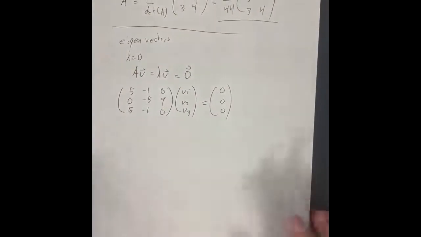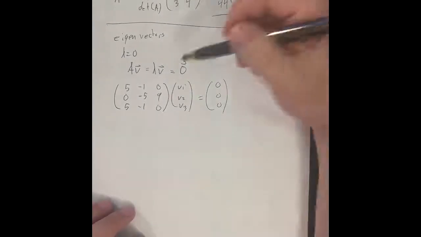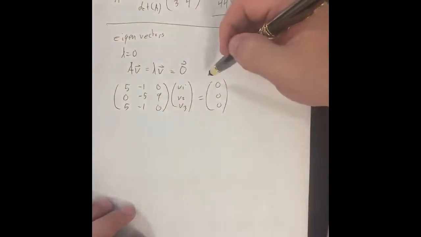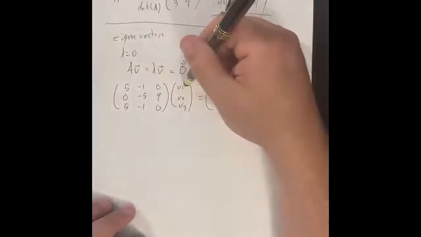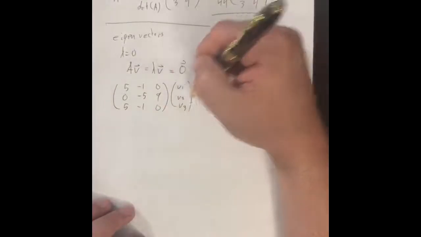So how do you do that? There are lots of ways. A computer obviously works. There's something called row reduction that works. Probably the most obvious way is to write this out as 3 equations. If we think about matrix times vector multiplication, this is 5v1 minus v2 plus 0v3 equals 0.